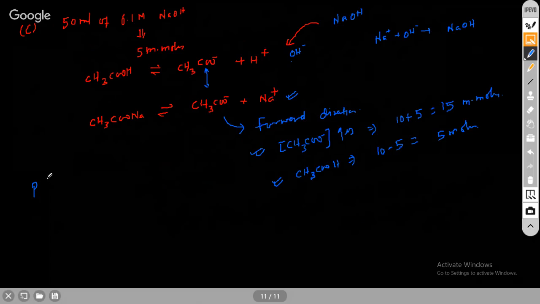So the pH of the solution will be pKa plus log of salt by acid. Salt is 15, acid is 5.